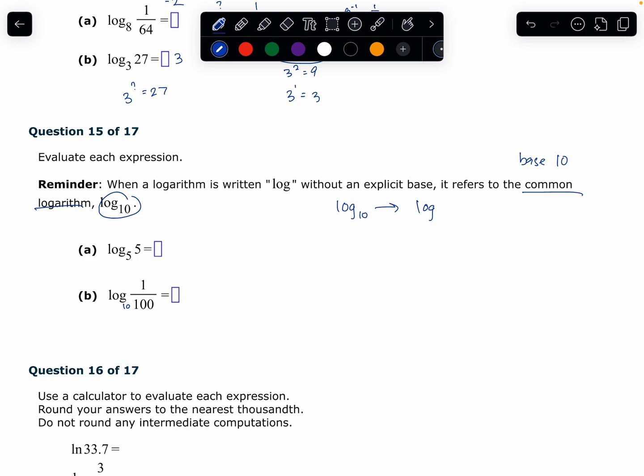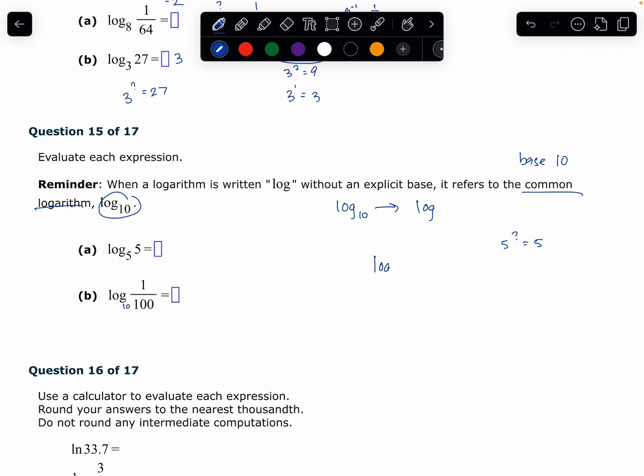Okay, so evaluate each logarithm. So we have a log base 5 of 5. Okay, so this is a property. So we can use the same property as we did before, where I can say 5 to some power must equal 5. Well, that means that this has to be equal to 1. 5 to the first power is 5. So here's a property.